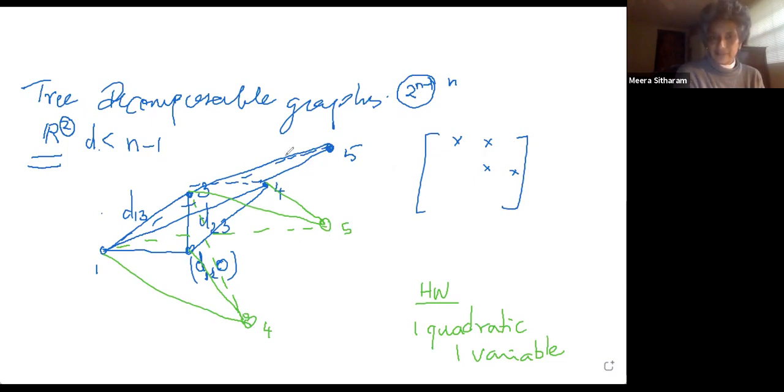If I weren't given this. So there are many words for this type of graph. They're called zero extension graphs or Henneberg zero extension graphs.